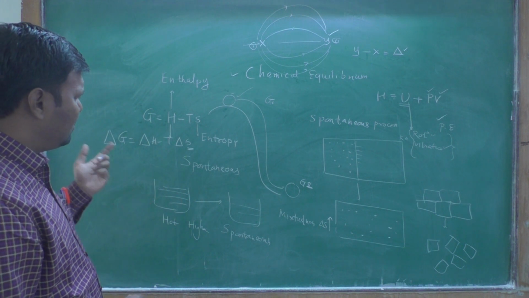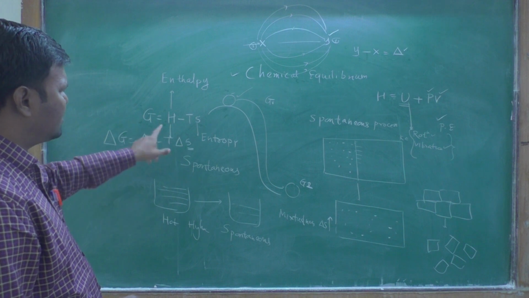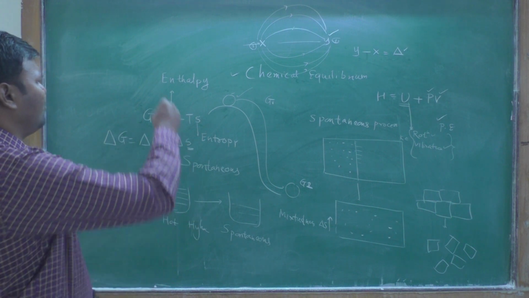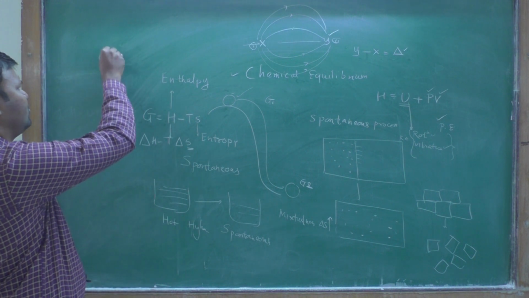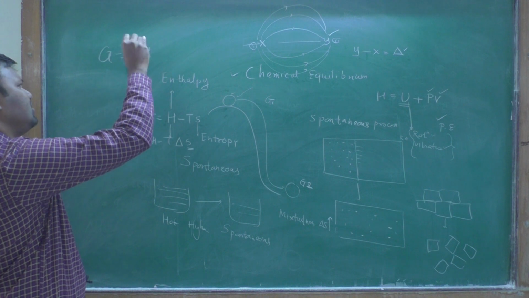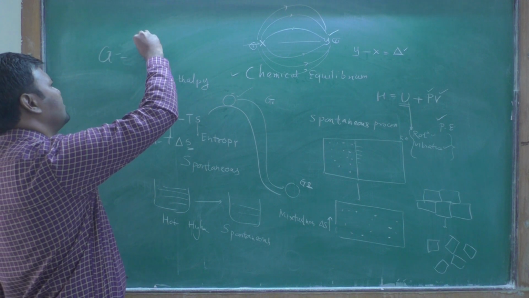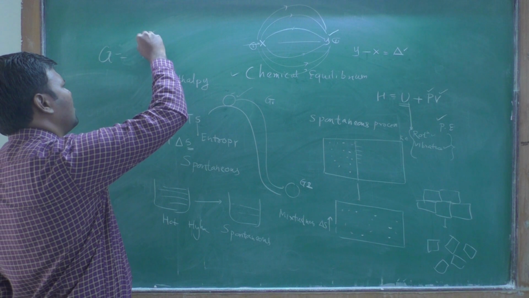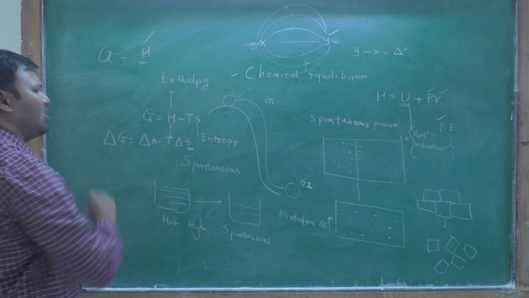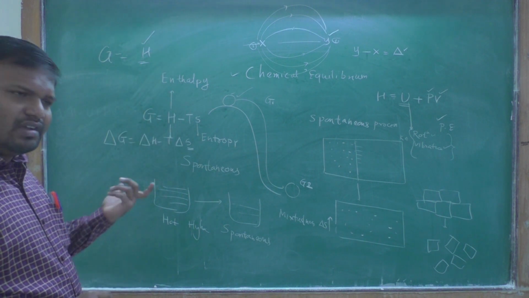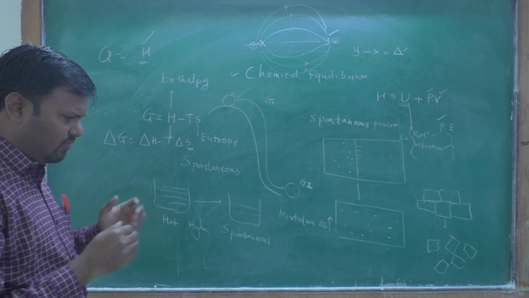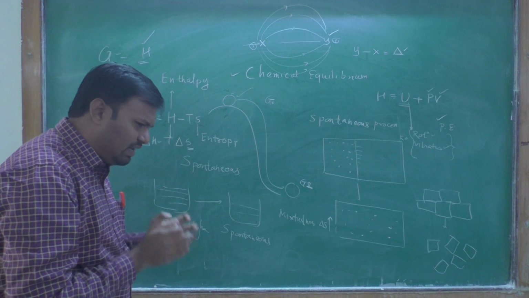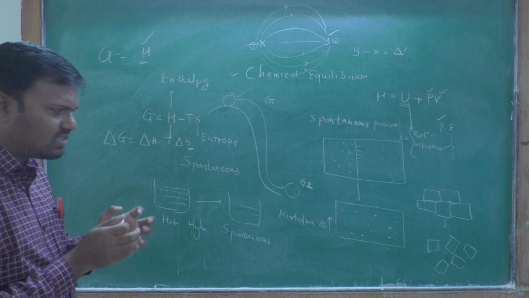Okay, therefore when you look carefully at this formula, you find that G is equal to H, where H is the heat content. Heat content is responsible for radiating energy. Heat is there, therefore it has energy.